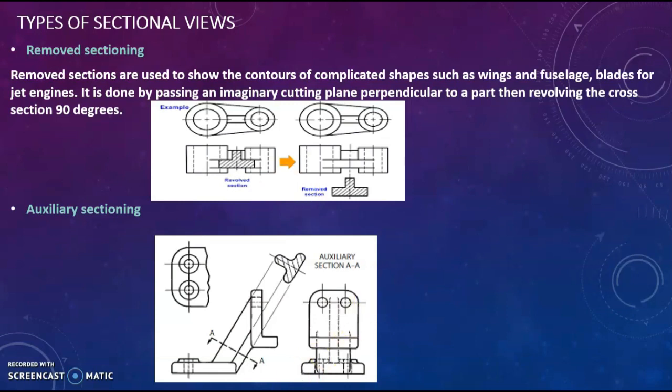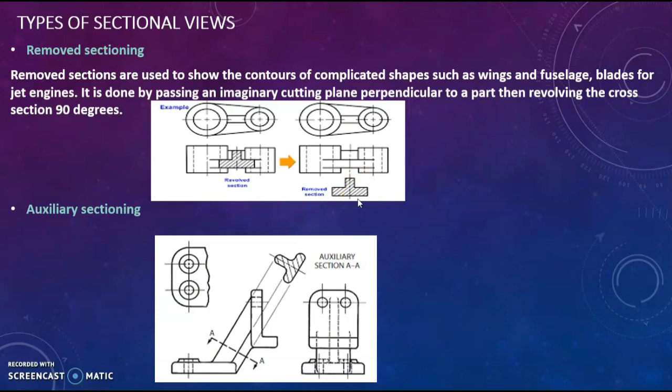For the removed sectioning, we remove the sectioned part so that it will make our drawing very readable and easily accessible. You see, when you check the diagram here, the section part is removed so that the diagram will be easily read.